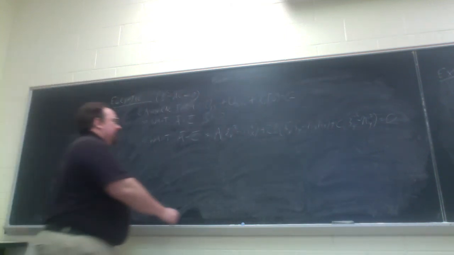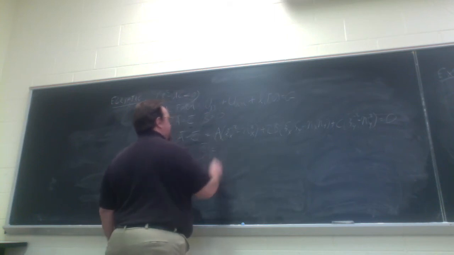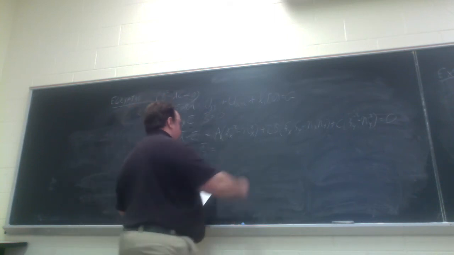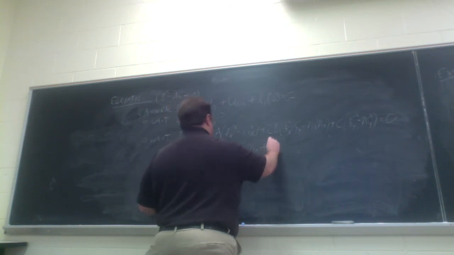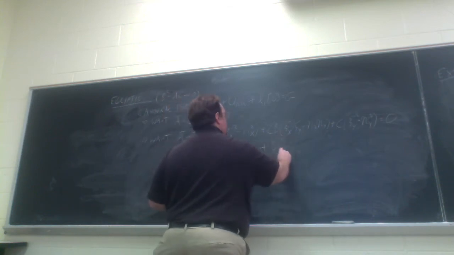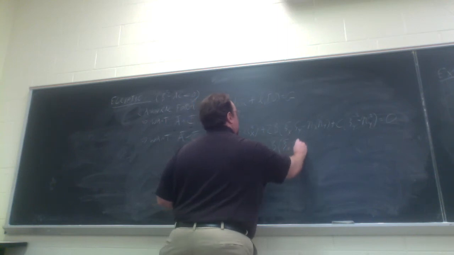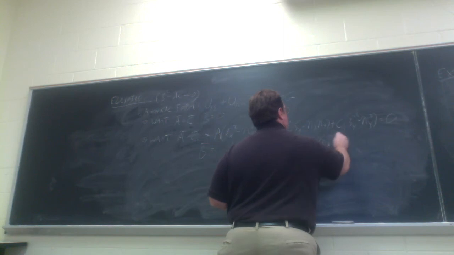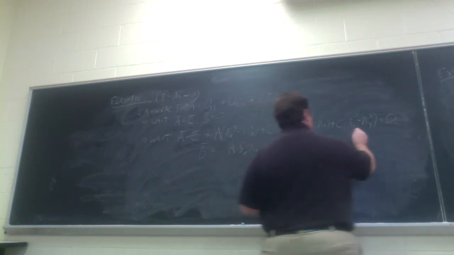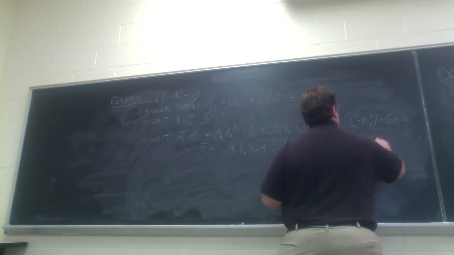And then I have a second equation for B bar. So that's going to be A xi x eta x plus B xi x eta y plus xi y eta x plus C xi y eta y.